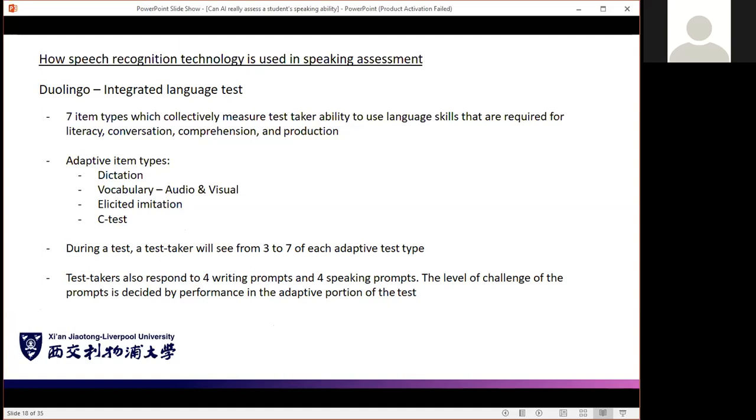So the test is 2/3 adaptive, small tasks, which are done multiple times, and over time it works out what your level is. And then more chunkier tasks, the freer production of writing and speech. So I was interested in the speech part, and I'll go on to that now.